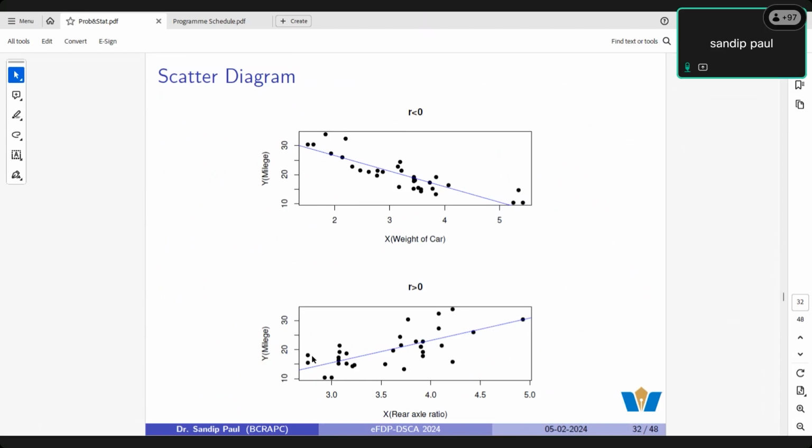That means when one increases, the other also increases. That's why r is greater than 0, positively correlated. So we can understand the data by checking their scatter diagram. But suppose we have a diagram from which we cannot understand anything. That means there may be no correlation.